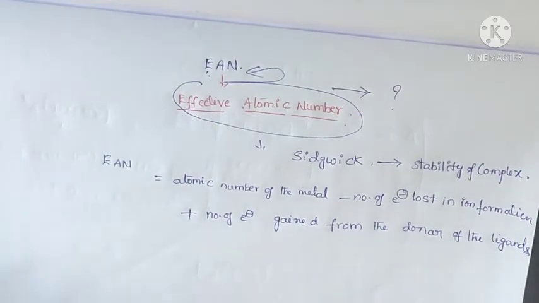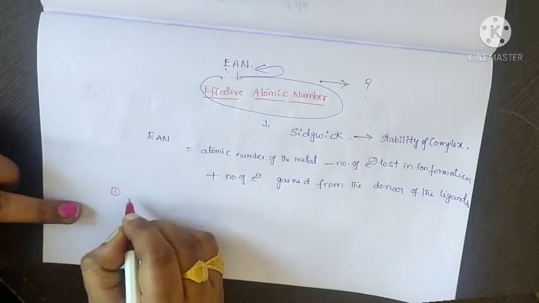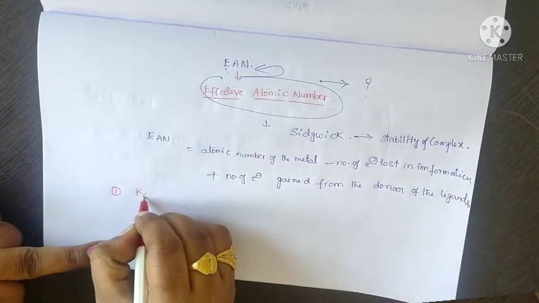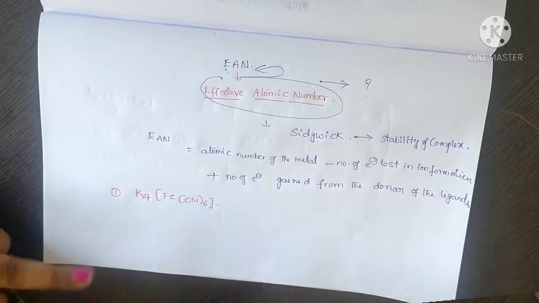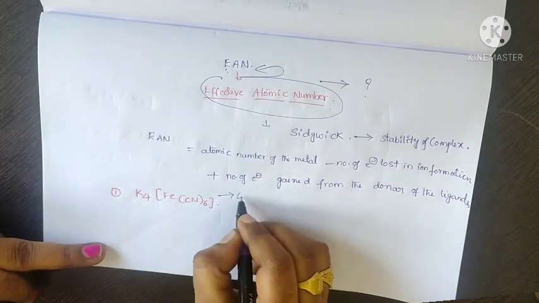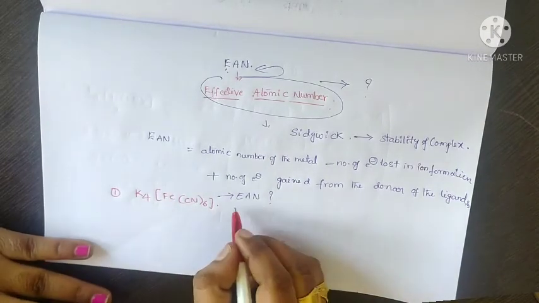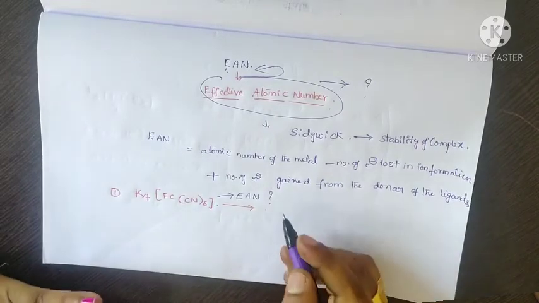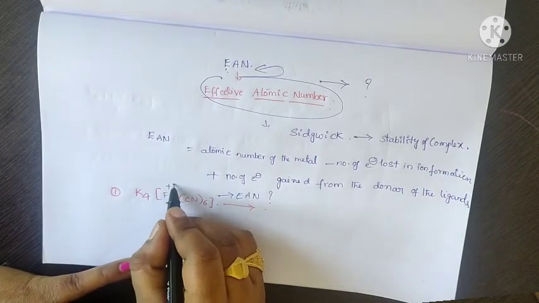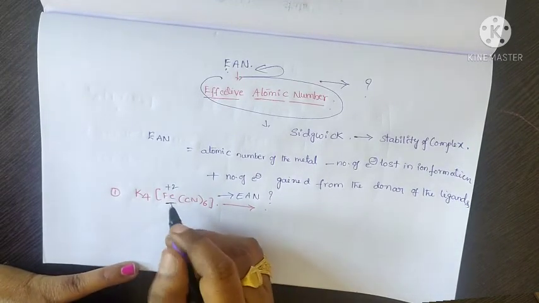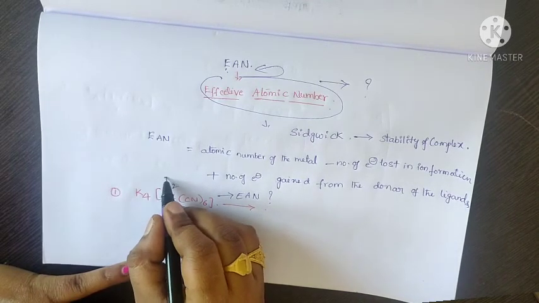Okay, now see this example. Look at here, K4FeCN6. In this K4FeCN6, the metal oxidation state is +2. That means the ferrous oxidation state is +2, and the atomic number of the metal, ferrous, is 26. Okay students, and the coordination number of this complex is 6. Now we are calculating the effective atomic number.